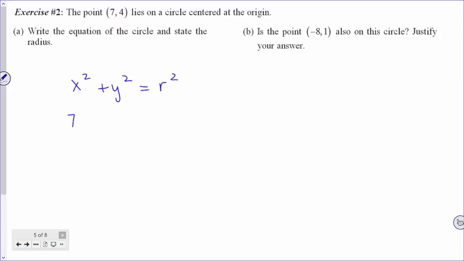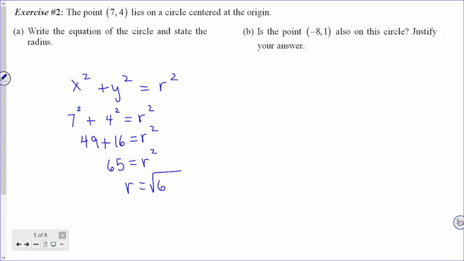I'm going to put 7 in there, and I'm going to put in 4 there. That's going to be 49 plus 16 equals r squared. That means I've got 65 is equal to r squared, and r, which they ask about, is the square root of 65. All right, state the radius.